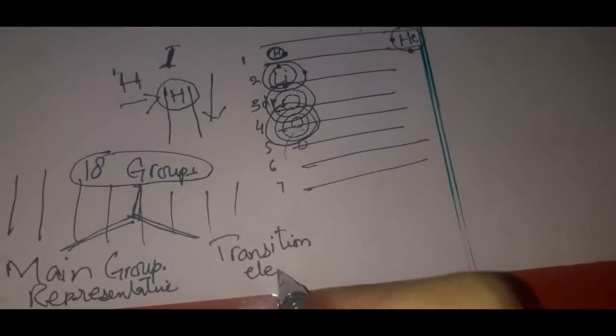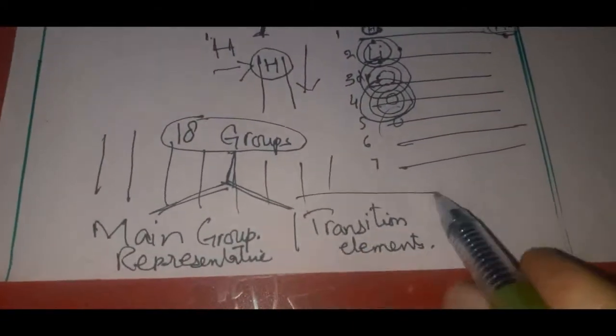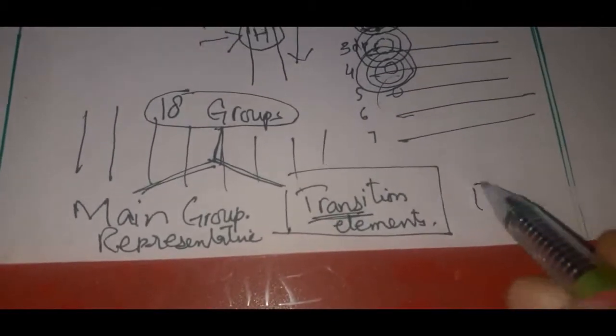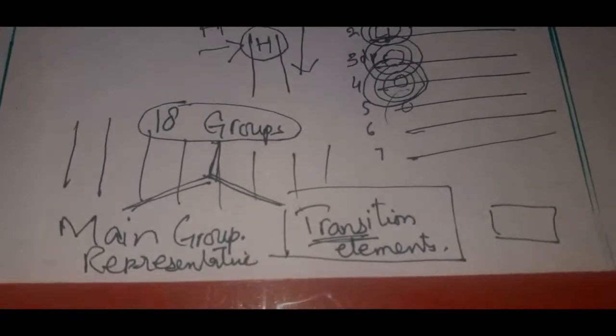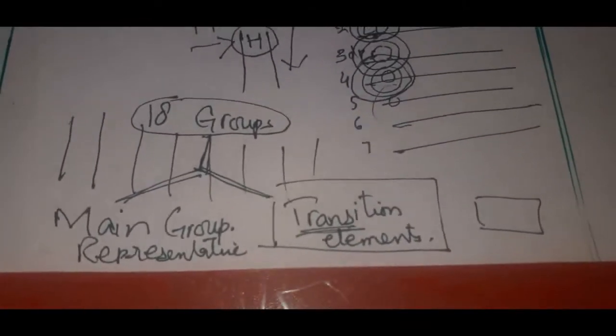Transition elements are the elements which are in transition in the center of the periodic table. Okay? What actually happens? Let's look at the periodic table.